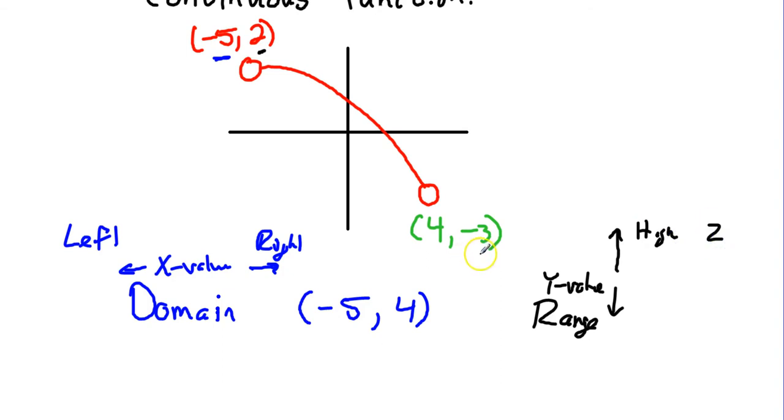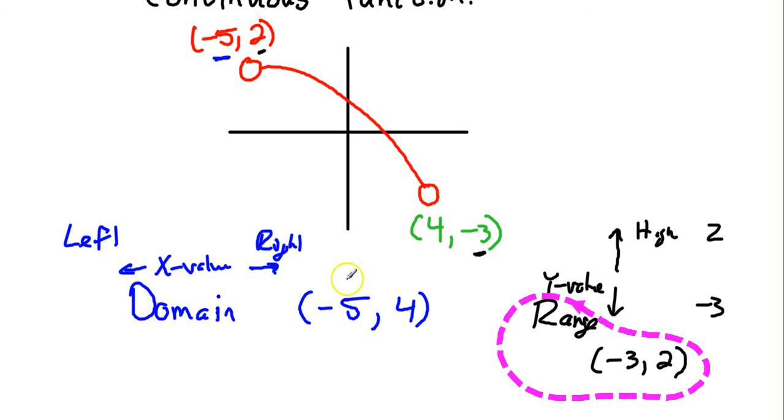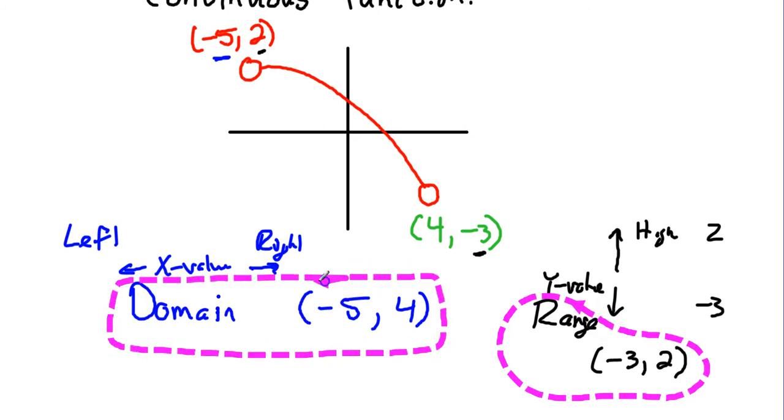And your lowest point would be down here at -3. So when you write those answers, you still tell me the lowest number first, and then you tell me the highest number after that. So your range would be there, and your domain would be there.